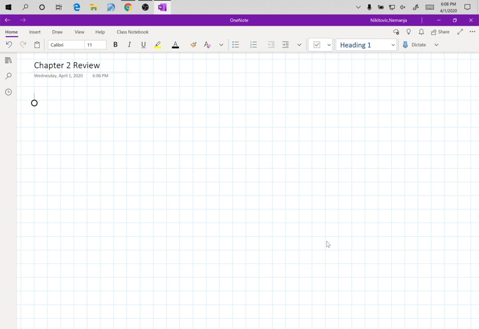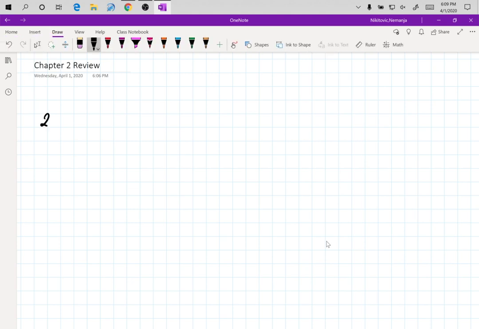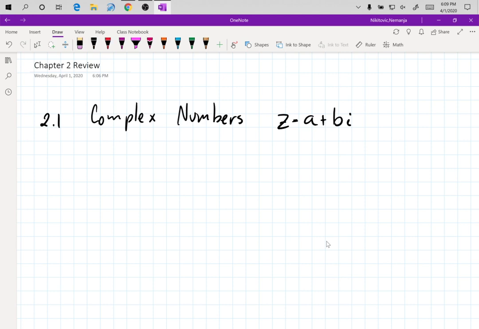Alright, so what are all the cool things we have seen in chapter 2 so far? Well, in 2.1, we have seen complex numbers, and those were z equals a plus bi, where a and b are real numbers. i was square root of -1, and complex numbers are two-dimensional numbers, right?